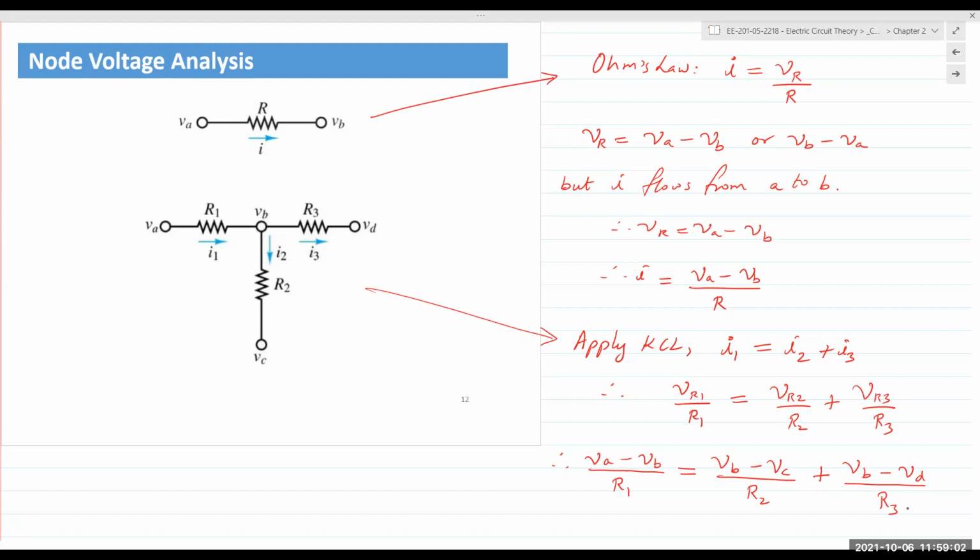You keep on applying KCL, you generate a set of equations, then you solve it using any method you want, and you have your answers for VA, VB, VC, and VD. Simple math from that point on. But the important thing is how to generate those equations. And that's what we will learn in node voltage analysis and mesh current analysis. We will see that on Friday.